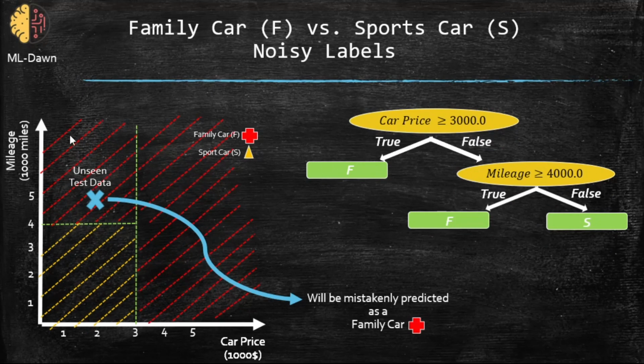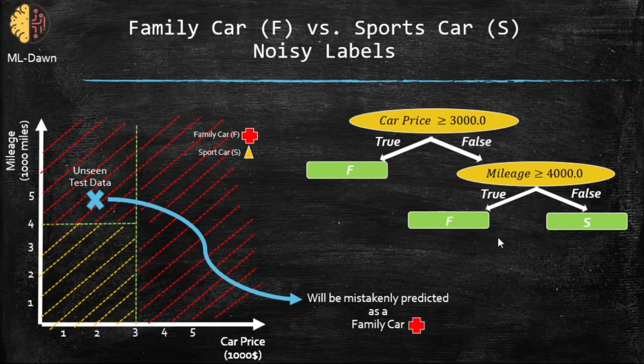Now, I want to show you how this will affect the testing experience. If you look at the red part of the whole input space, all these crooked red lines, that means the decision tree thinks that everything appearing in that area belongs to the family car, and anything in the yellow area belongs to the sports car. So we have this little unseen test data, and the question we ask our algorithm is: is this a sports car or a family car?